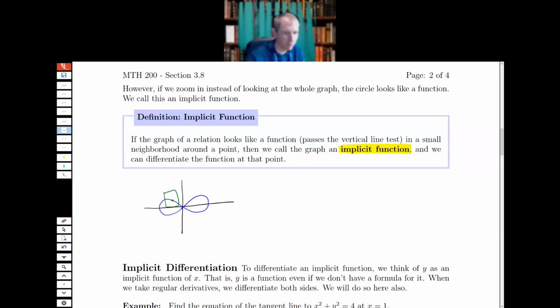But if I pick a point, say at the very edge, and I take any zoom window I like, I'm always going to fail the vertical line test. Or if I pick right here in the middle, again, any zoom window around that origin point is always going to fail the vertical line test. Okay, so these points are hopeless.